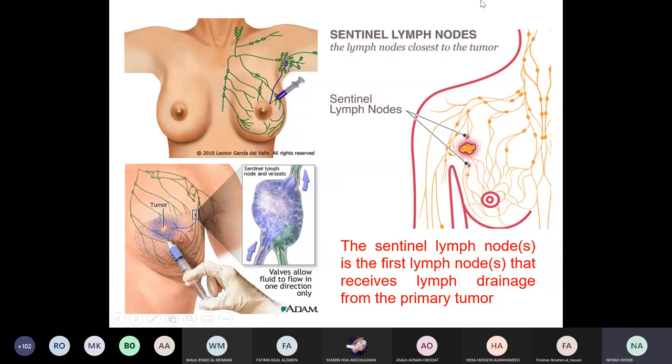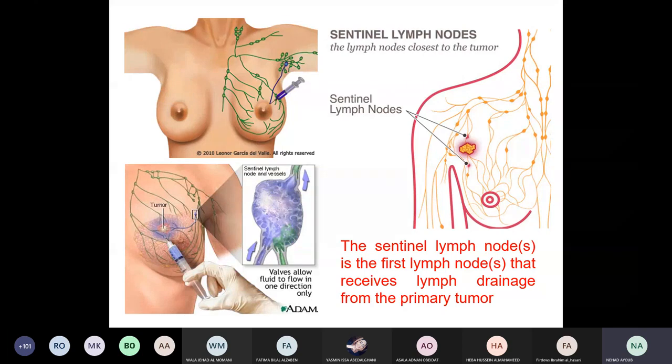If this sentinel lymph node contains tumor, the tumor has reached it, it means it could have reached the ones behind it, and I might have lymph node positive disease and I might need to do this axillary clearance. But if the very close adjacent lymph nodes were free, with no involvement, no cancer cells, what's the chance that the other axillary or other locoregional lymph nodes, the lymph nodes in the chest region, received the breast cancer?